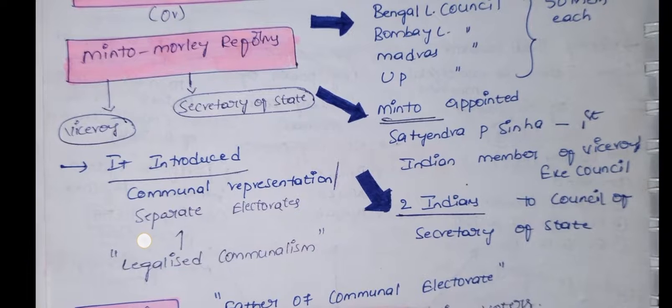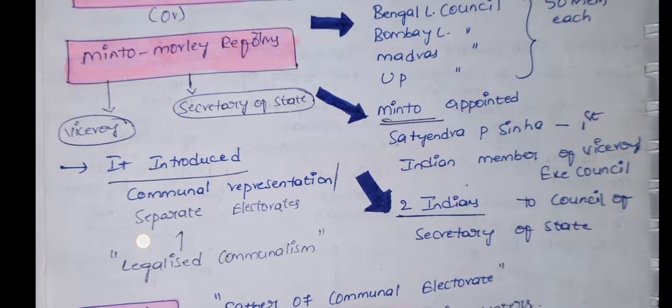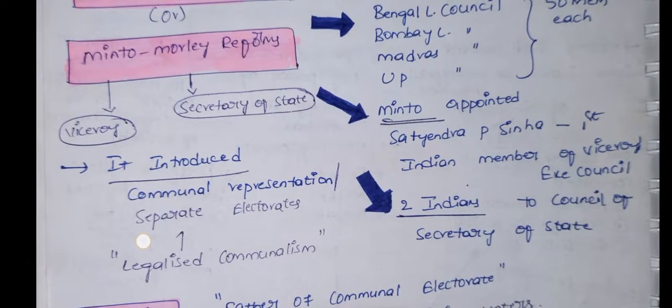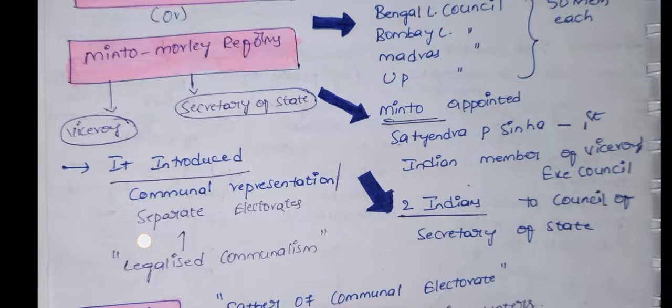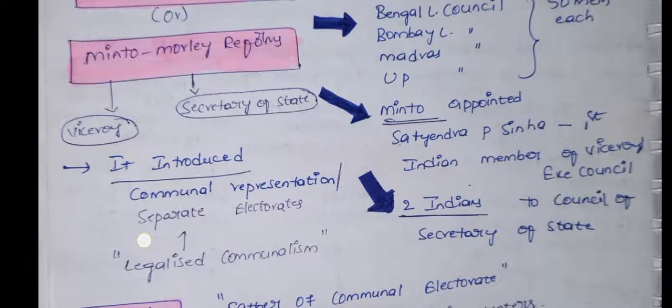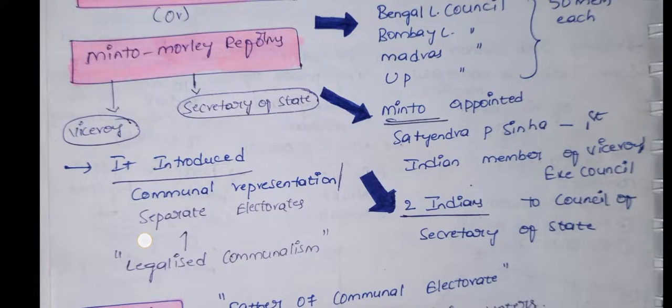One Indian member went to the Viceroy's Executive Council, and two Indians to the Council of Secretary of State, appointed by Morley. We call Lord Minto the father of communal electorate. So the Muslim members were elected by Muslim voters, and the Hindu members were elected by Hindu voters. This is known as communal representation.